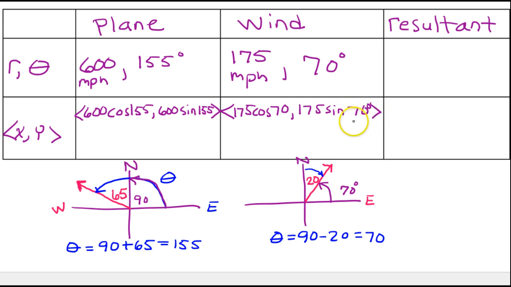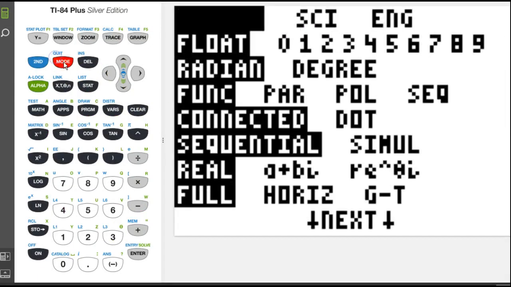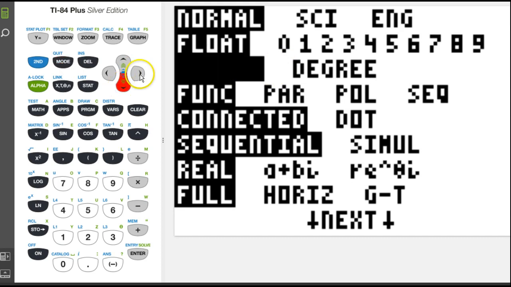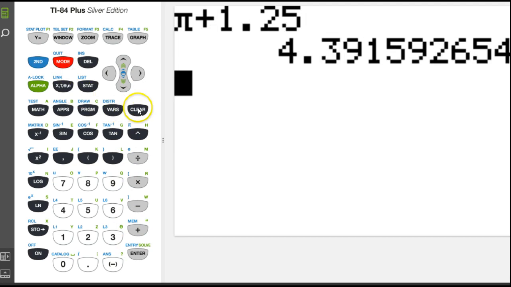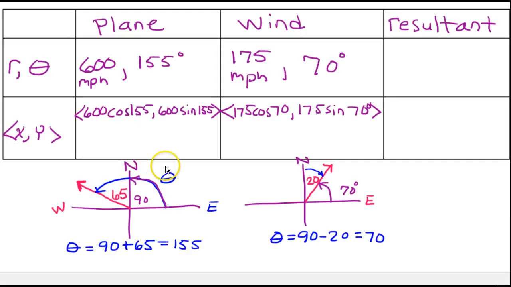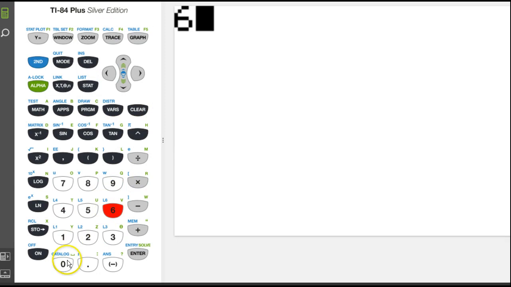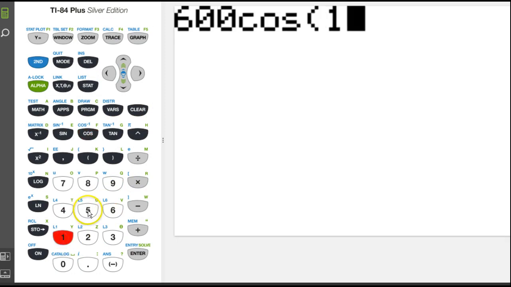All right, so all I really need to do is evaluate this in my calculator. I'm not going to show them all. I'll do one of them on camera and the rest I will do off camera. Make sure that your calculator is in degree mode because that will throw things off. So, for example, 600 cosine 155.